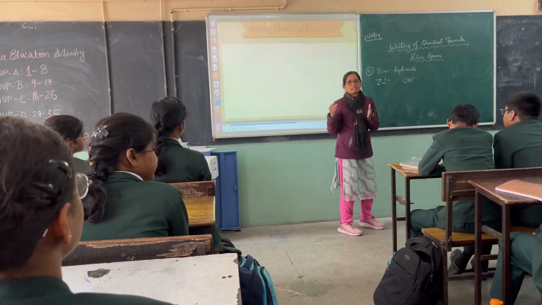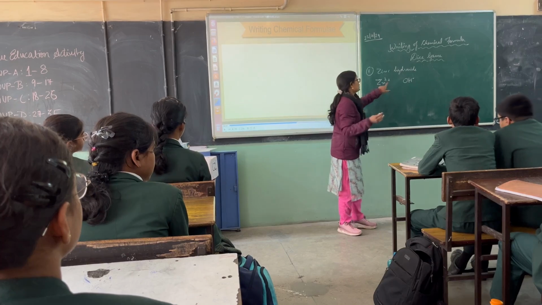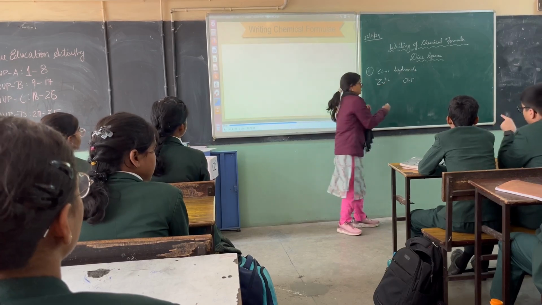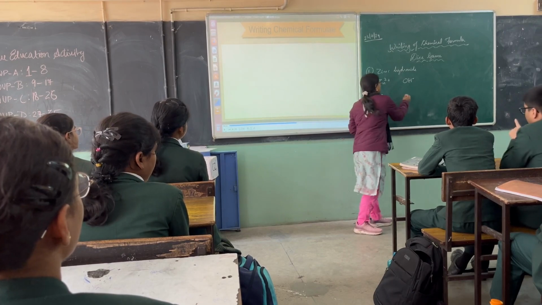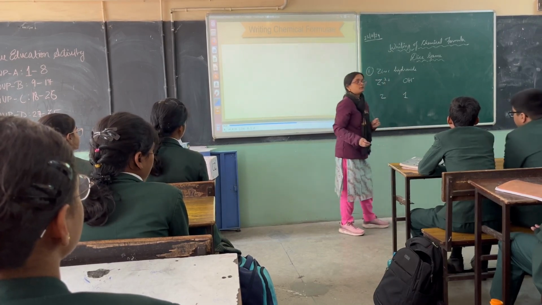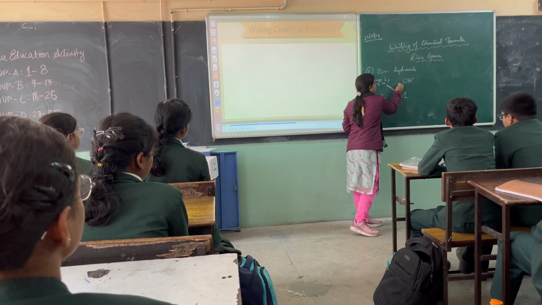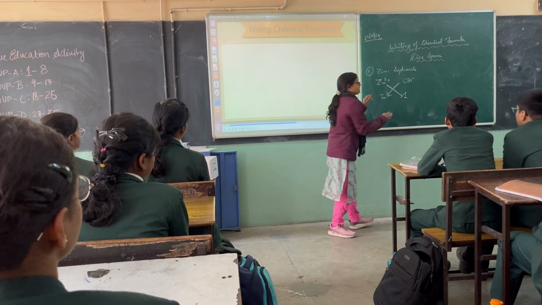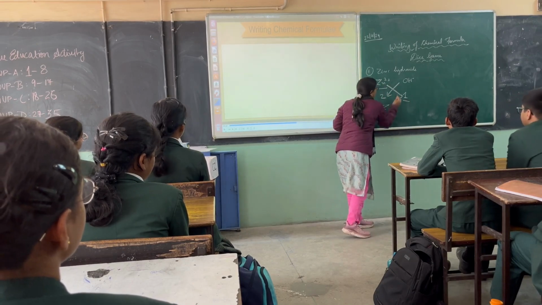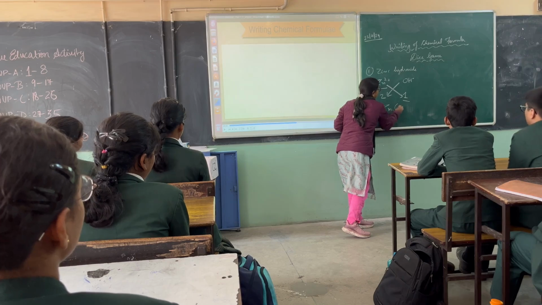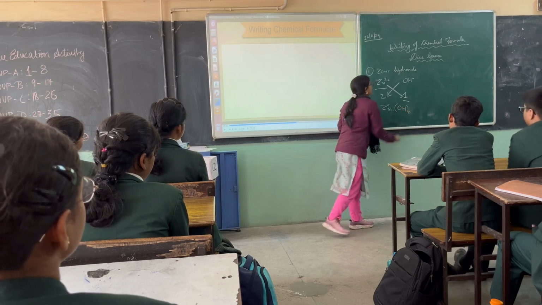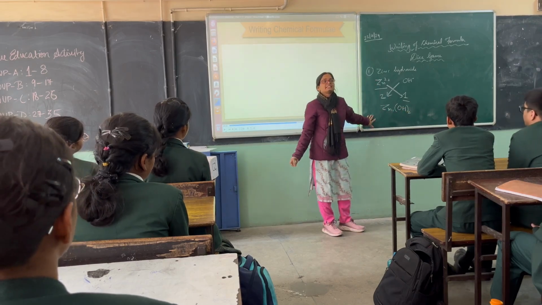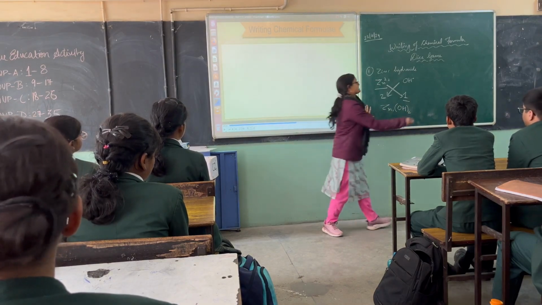Let's write its chemical formula. What should I write here? 2 and here 1. Now what will I do? Crisscross multiplication. Zn is multiplied with 1 and OH is multiplied with 2. So the formula of zinc hydroxide is Zn(OH)2.